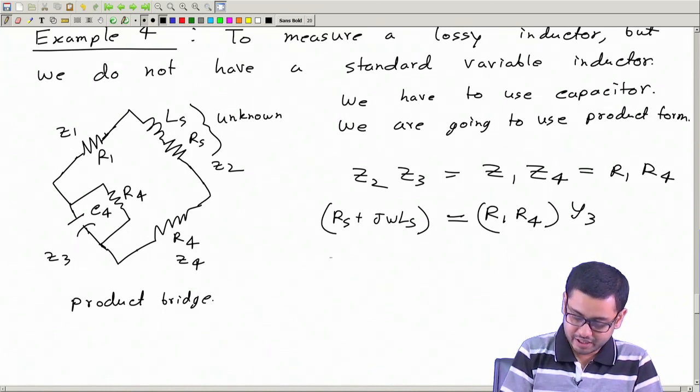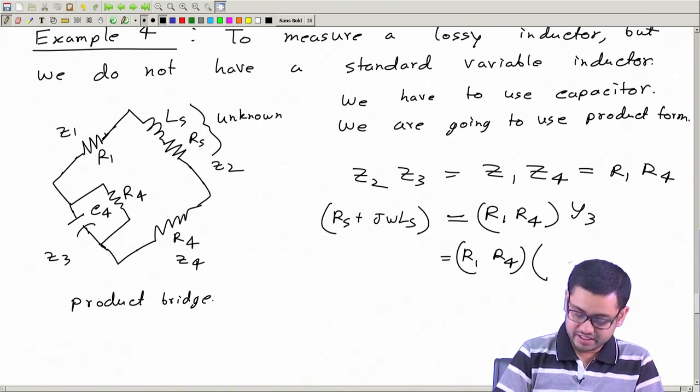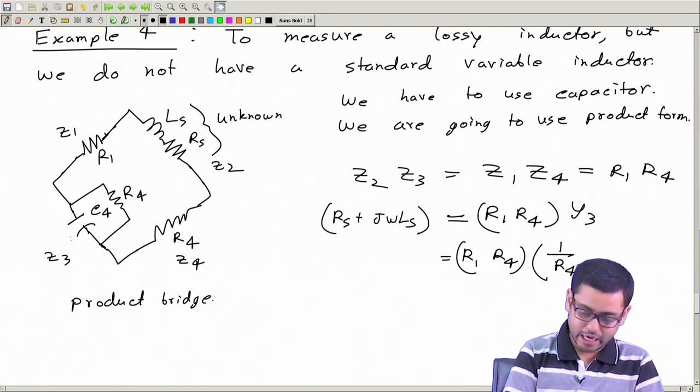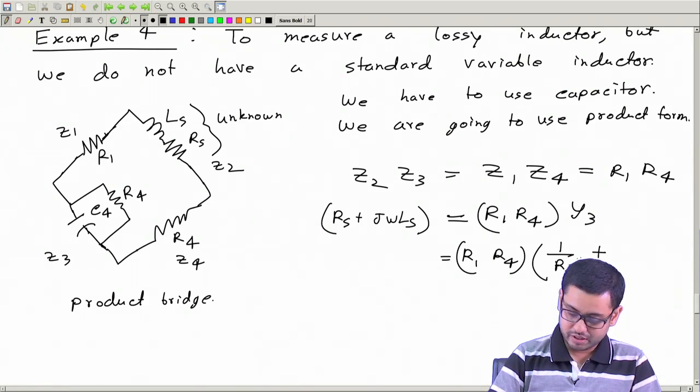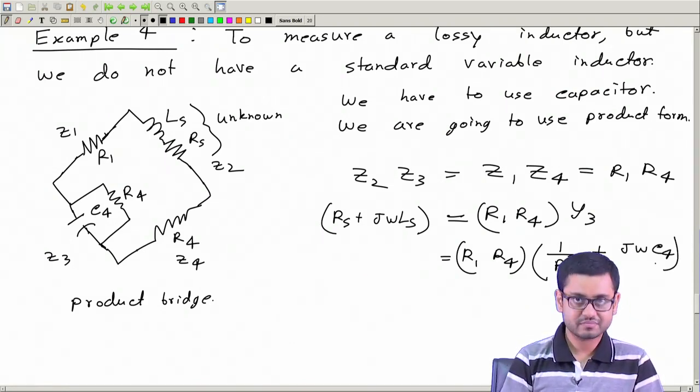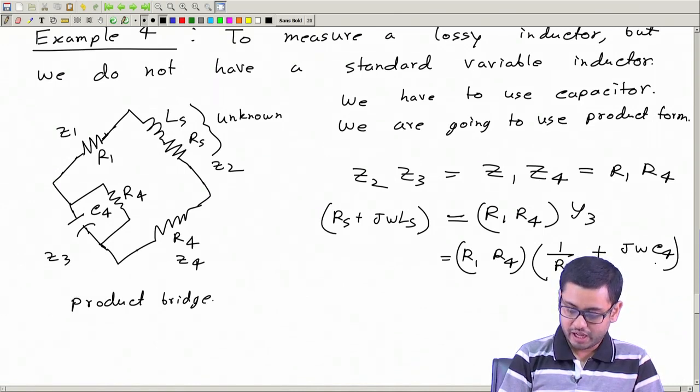Then I can now write this Y3 is same as this admittance 1 over R4 plus this admittance, which is J omega C4. And now equate real to real, imaginary to imaginary.